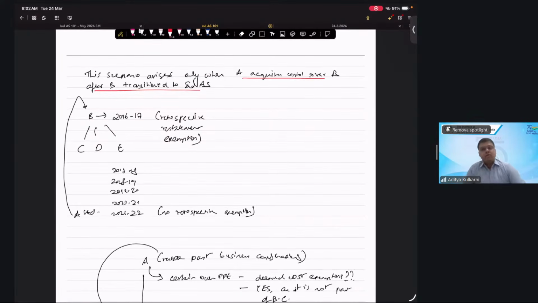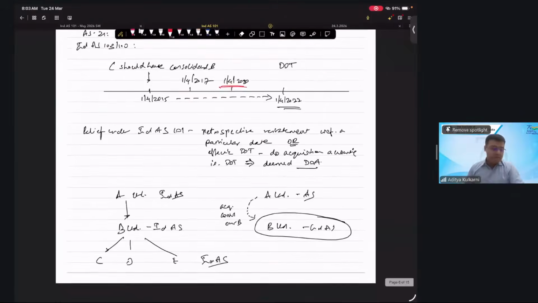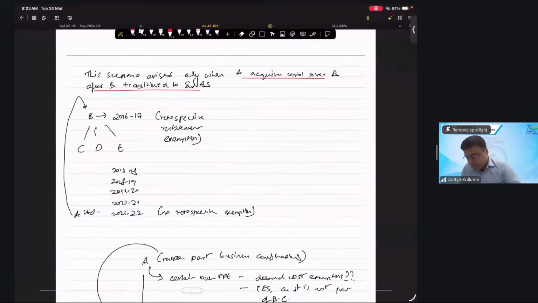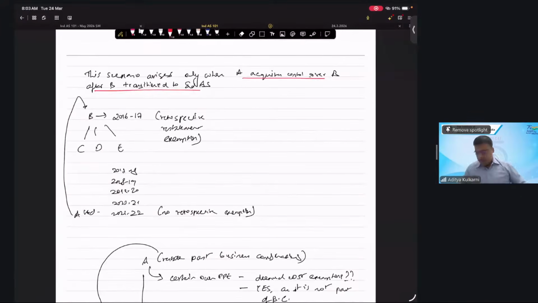So now the standard setters felt that they need to ease this. They need to make this process simpler. So what they came up with is: recognize a particular date up to which you will not restate any of the business combinations.